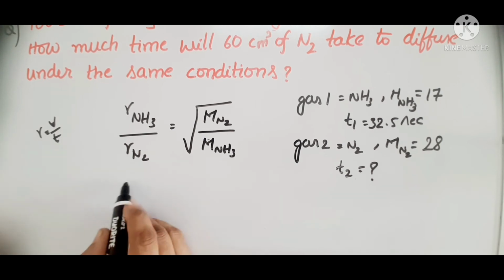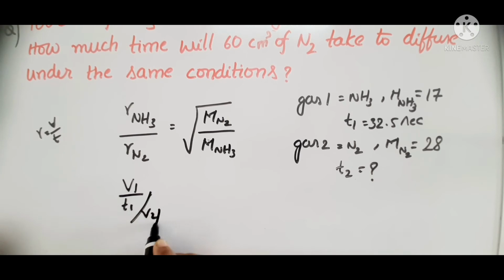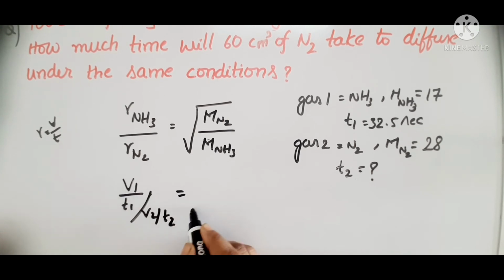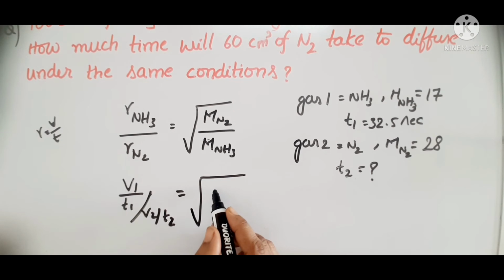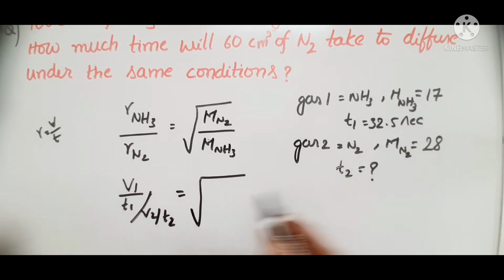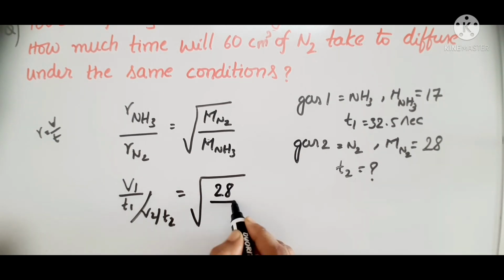So this can be written as V1 by T1 divided by V2 by T2 equal to square root of the molecular mass of nitrogen, 28, divided by the molecular mass of ammonia, 17.